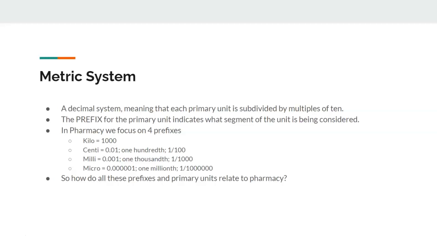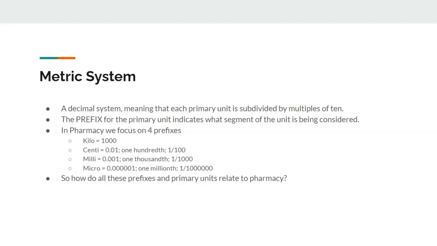The prefix of the primary unit indicates what segment of that unit is being considered. For example, there are like 16 different segments in the metric system, like deca, hecto. I think there's some saying out there, something about kings, somebody drank chocolate milk or something.